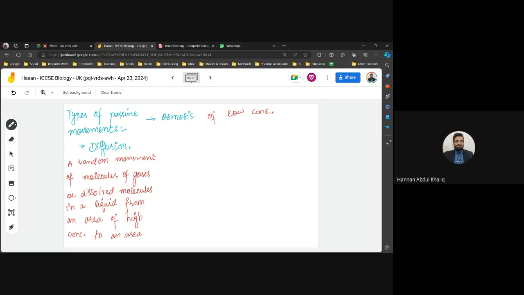Let's see. The molecules, when there are gases, we know that they can randomly move.